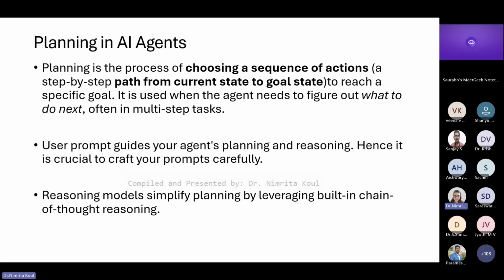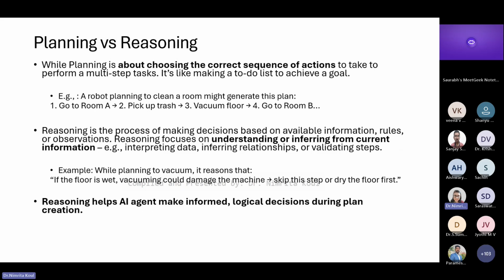Planning, on the other hand, is deciding what steps to take, and a sequence of steps to take in order to achieve a goal. All right, so that's the difference between reasoning and planning. You do reasoning and then you decide what to do, and that list of to-do steps is called a plan.